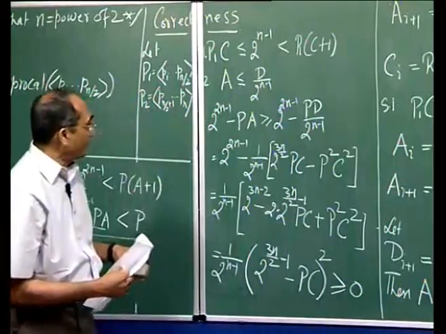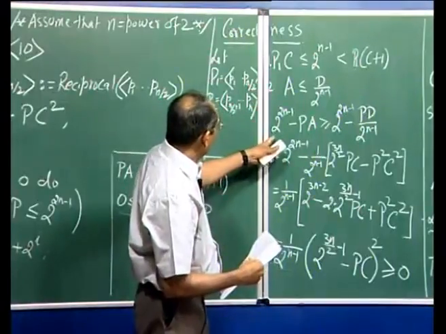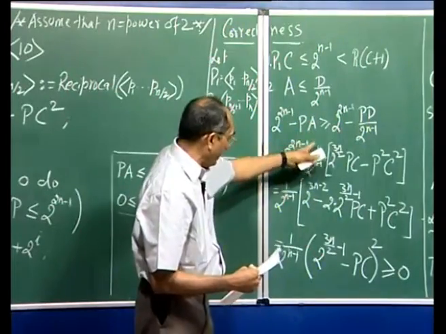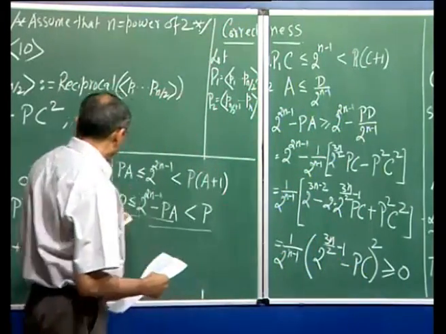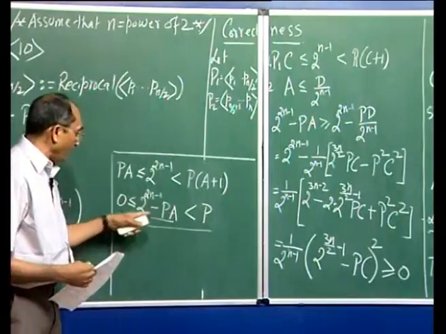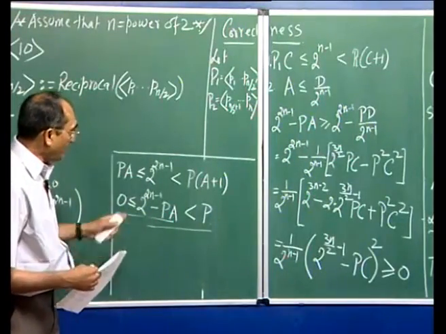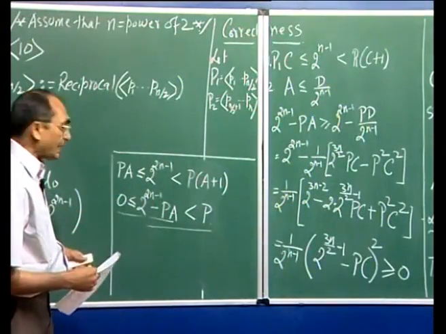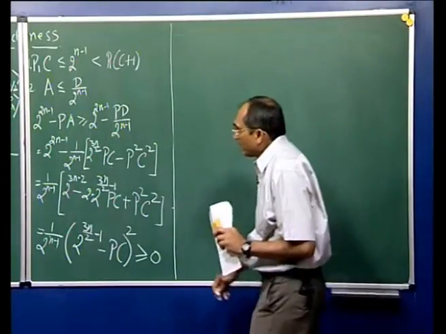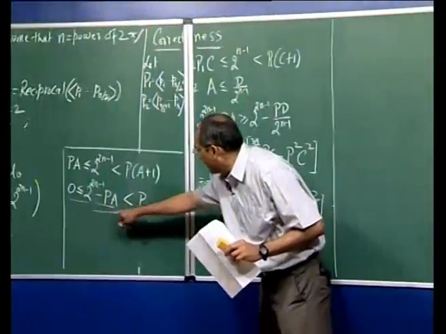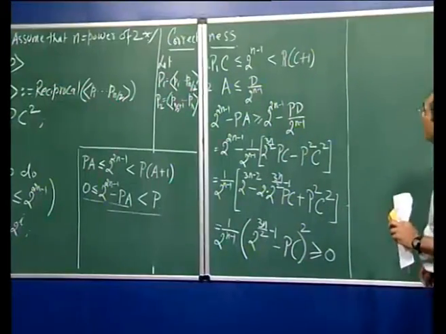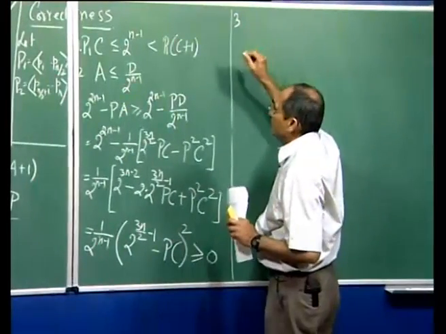So, what we have found is that indeed 2 to the power 2n minus 1 minus PA is non-negative. That is, this side of the inequality has been established. Now, let us look at the second one.